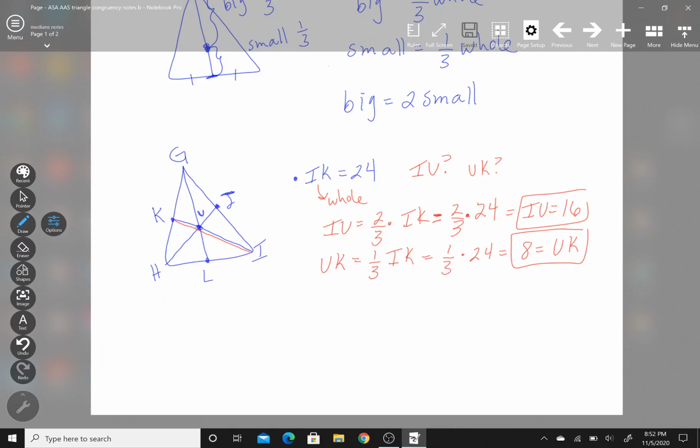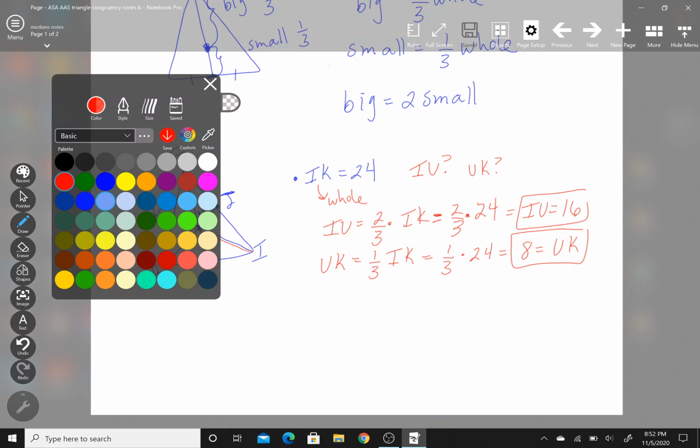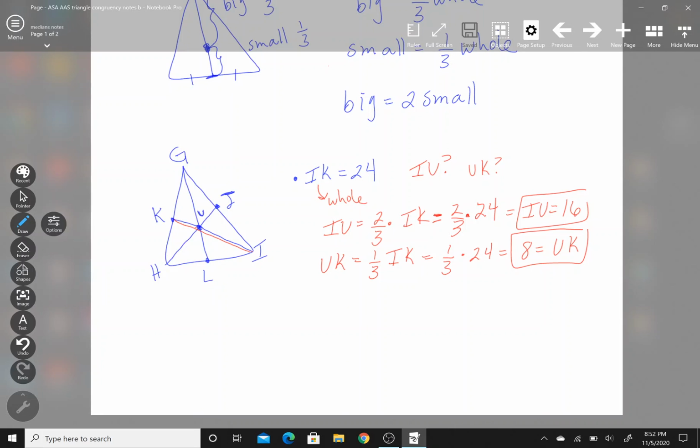Okay, now let's do one more problem with this. I'm going to change colors for that so we know it's separate. Let's say that they tell us that UK is 6. So UK is 6, and then they want us to find IU and IK.